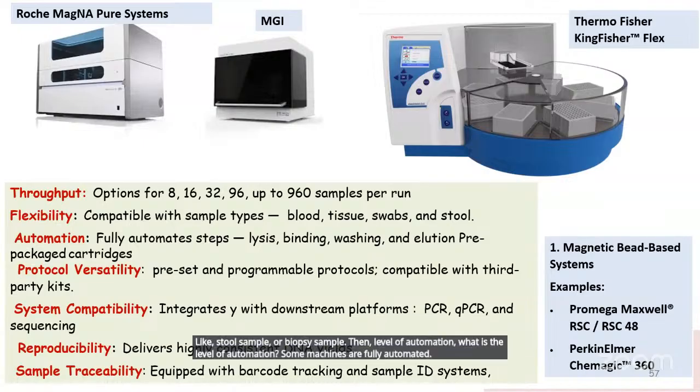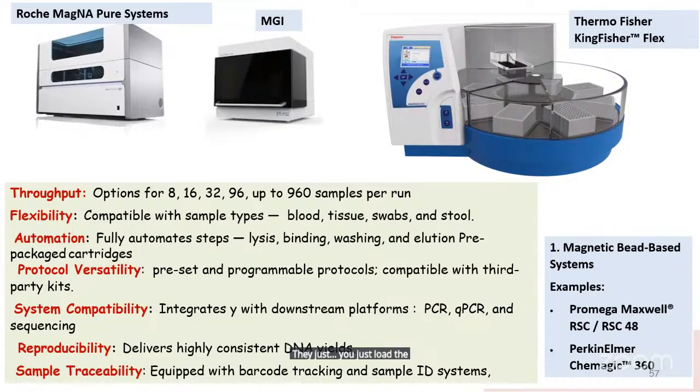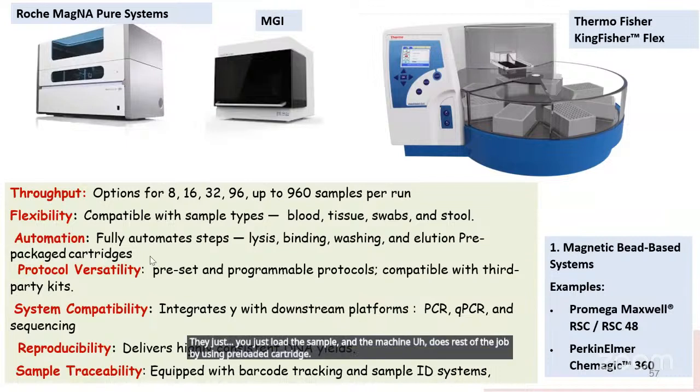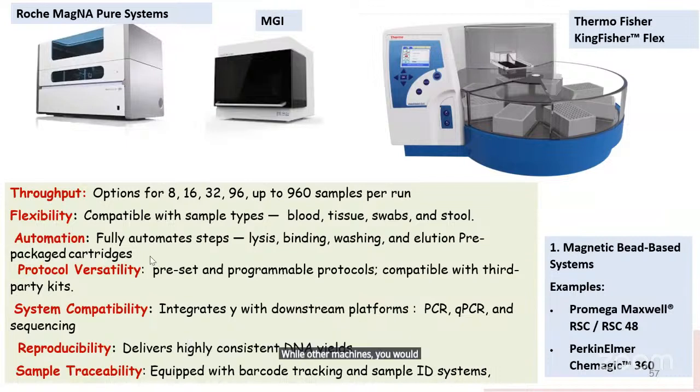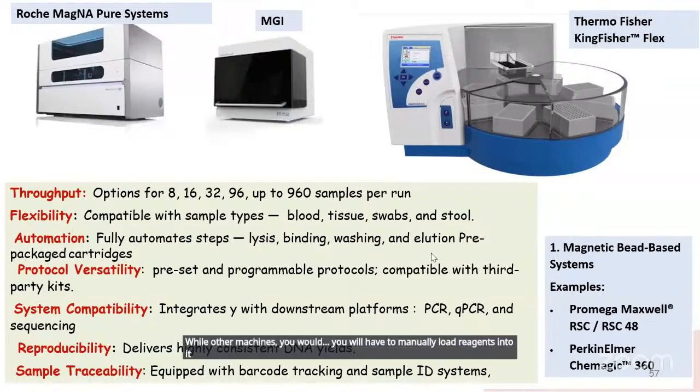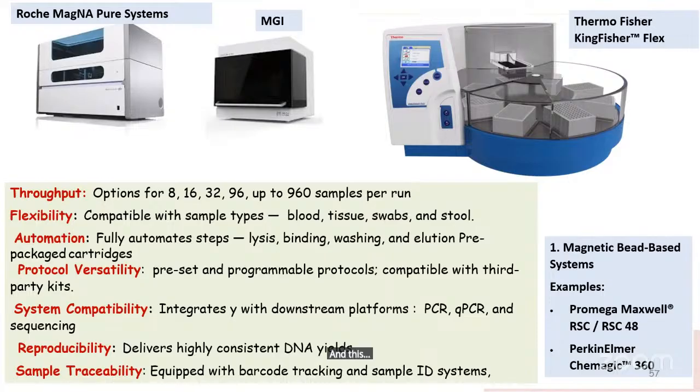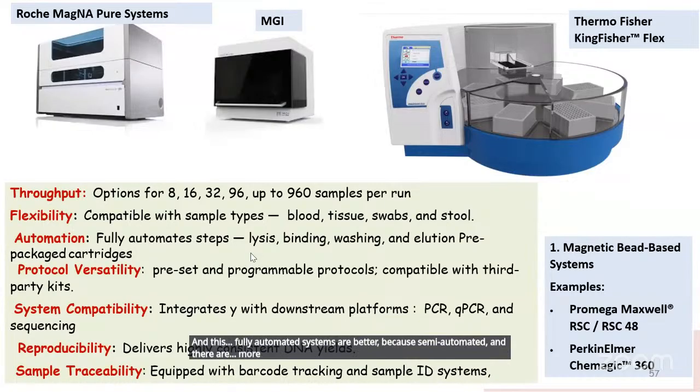You just load the sample and the machine does the rest of the job by using preloaded cartridge. While in other machines, you will have to manually load the reagents and the samples into it, and fully automated systems are better because with semi-automated there is more risk of error, and it is also time consuming.